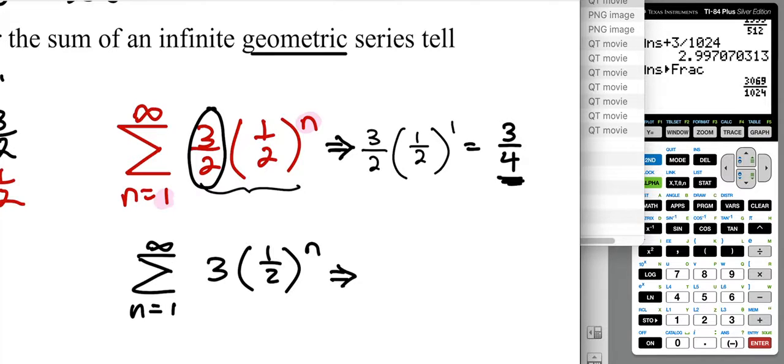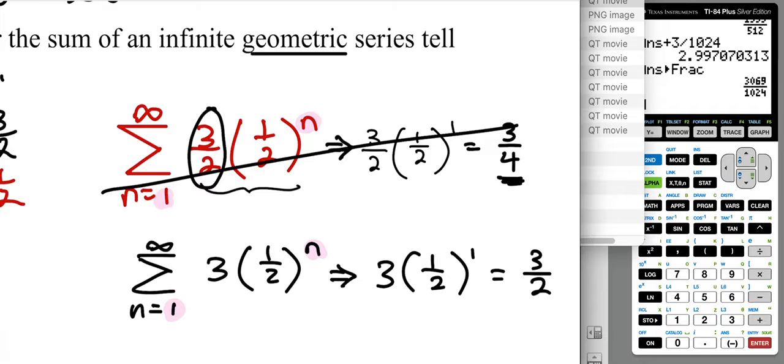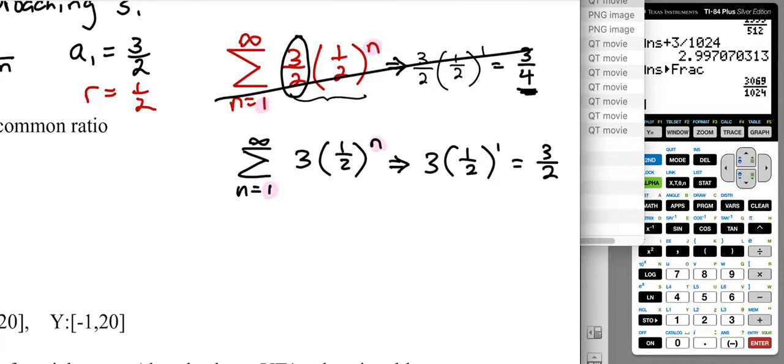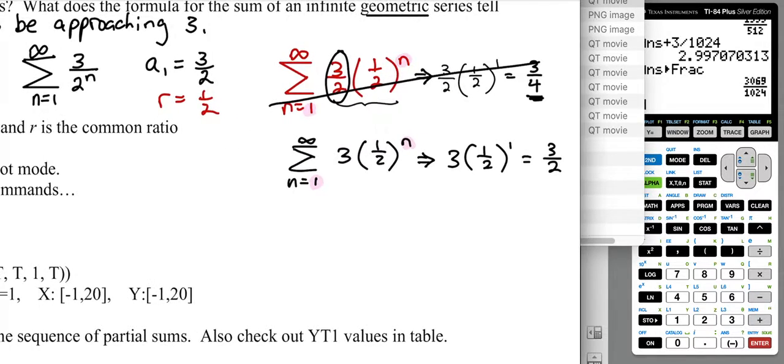So the expansion here would be, again, substitute the 1 for the n, so 3 times 1/2 to the first power would be 3/2. That's our first entry, so then we're in good shape. So this one's out, and that's telling me that the a sub 1 value really should be a 3. So incorrect conclusion here.